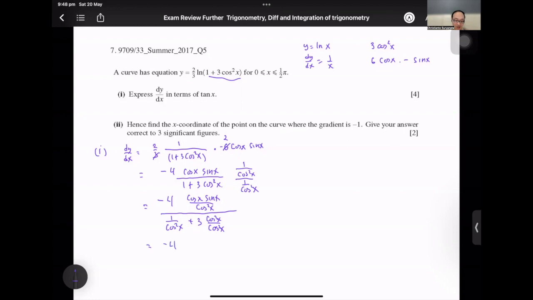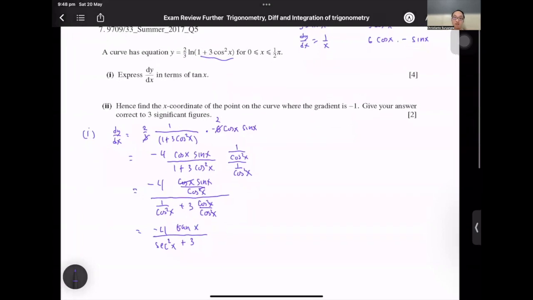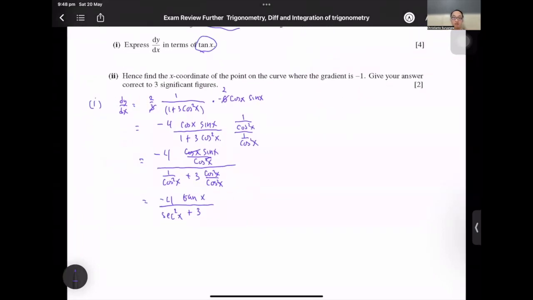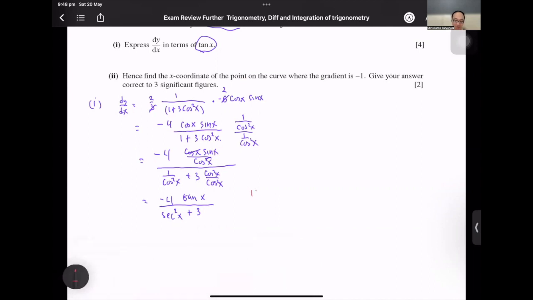It becomes negative 4. Cancel the cos, become tangent, over 1 over cos square, which is secant square x, plus 3. Now, in terms of tangent, we have to change the secant square using the identity 1 plus tangent square x equals secant square x.